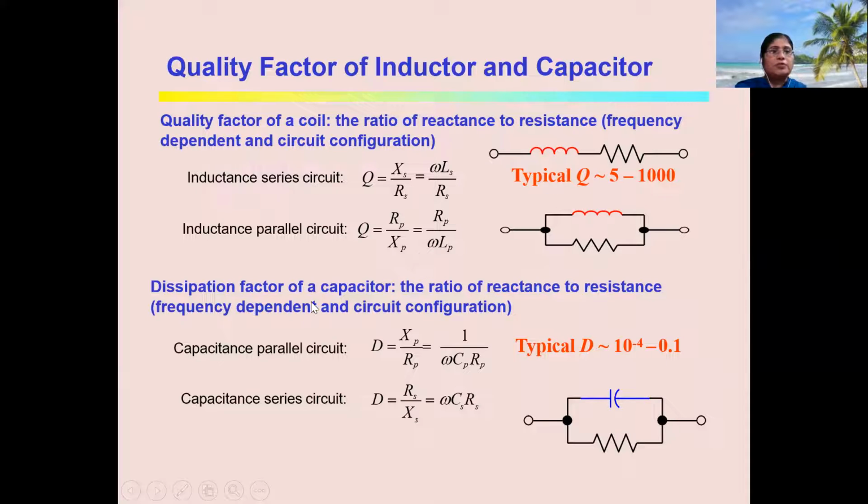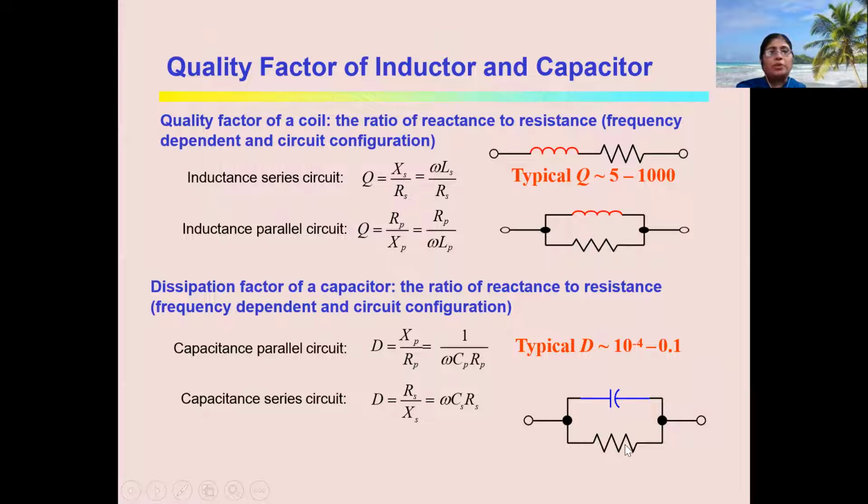The next is the dissipation factor of the capacitor. This is the ratio of the resistance to the reactance, similar to the quality factor I discussed for the inductor. For the parallel combination of capacitor and resistance, the dissipation factor is equal to the reactance divided by the resistance.